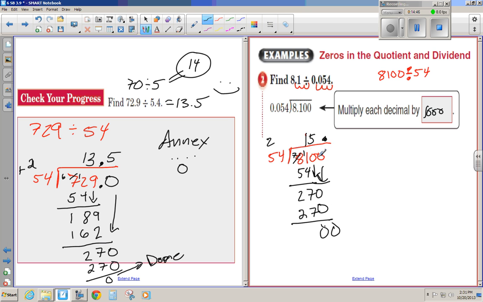Now, looking at this, how many times does 54 go into 0? Well, it goes in there 0 times. Oh, sorry, this should come down to here. 0 times. And so 0 times 54 is 0, and we get 0 again. So this could go on forever if you wanted. Drop down another 0 and another 0 there. But your answer should just be 150.